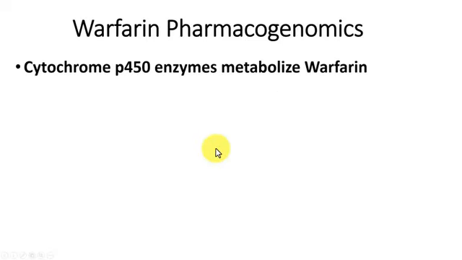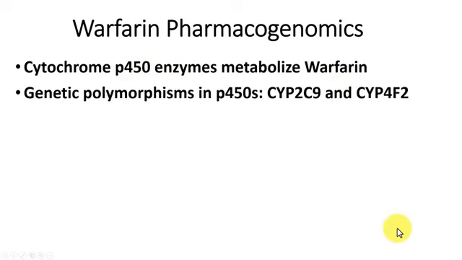Warfarin pharmacogenomics. Pharmacogenomics is the interaction of genes and drugs, and cytochrome P450 enzymes metabolize warfarin in our livers. Genetic polymorphisms in those P450 enzymes, those are all called CYPs or cytochrome Ps, such as 2C9 and 4F2, are involved in this.